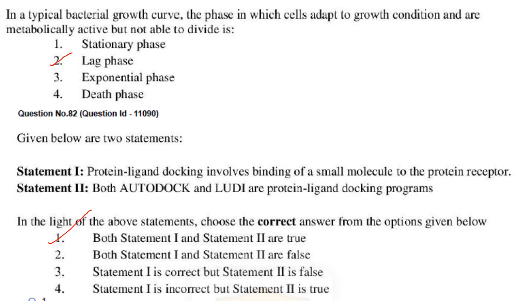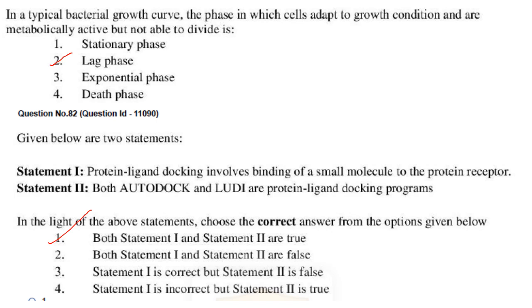Then, in a typical bacterial growth curve, the phase in which cells adapt to growth condition and are metabolically active but not able to divide is. So the lag phase is generally characterized by metabolic activity but not growth. The cells utilize the media and synthesize small molecules that are necessary for replication.